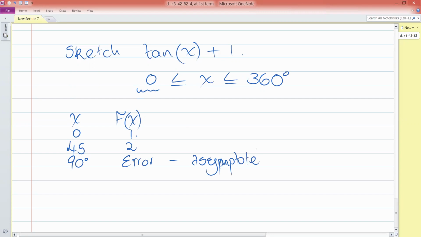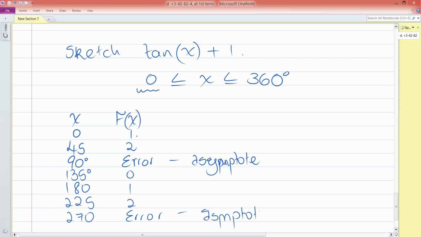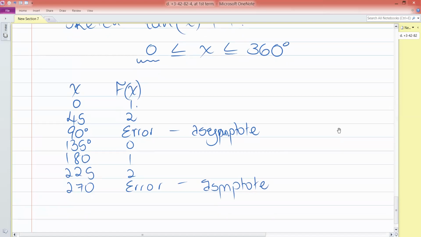Then 135 and 0, 180 and 1, 225 and 2, 270. When we draw the asymptote for the tan graph, must we show x is equal to 90 degrees? Or must we just say 90?